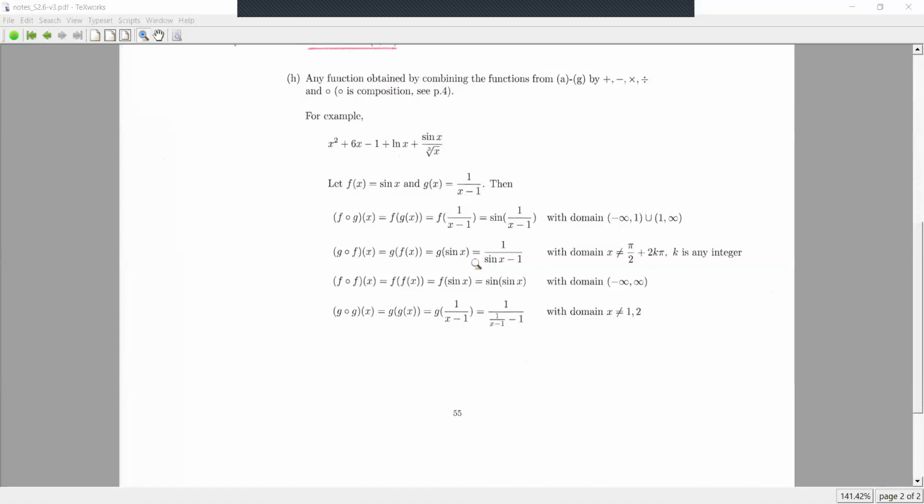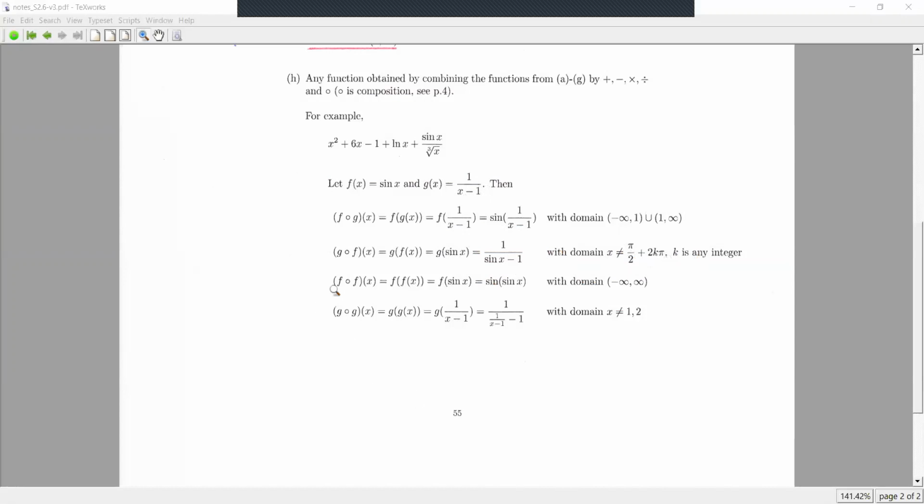Then we have this equation. The domain of this function is any number except these numbers, because at these numbers, psi is equal to 1. So 1 minus 1, the denominator is 0 at these numbers. So the domain of this function is all the numbers except these numbers.